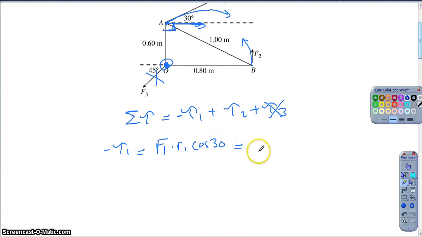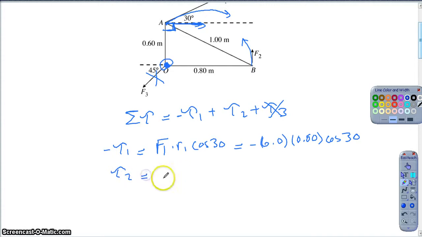Right? So at this point, I know all of those measurements. It would just be a negative 6.0 times the radius, which is 0.60, and then times the cosine of 30, and of course make sure you're in the right mode, make sure you're in degrees and not radians.